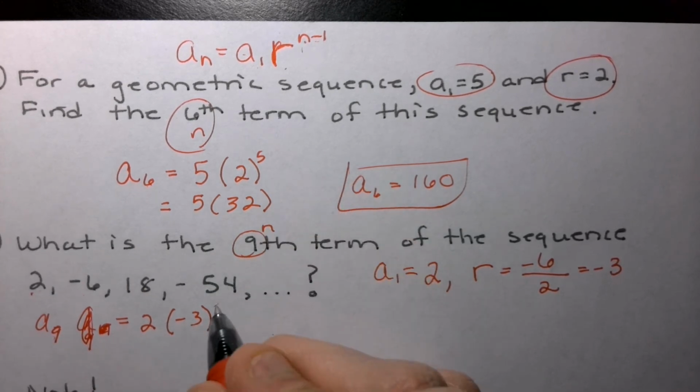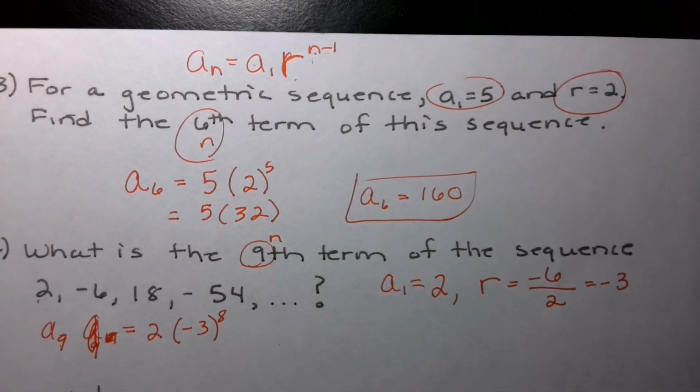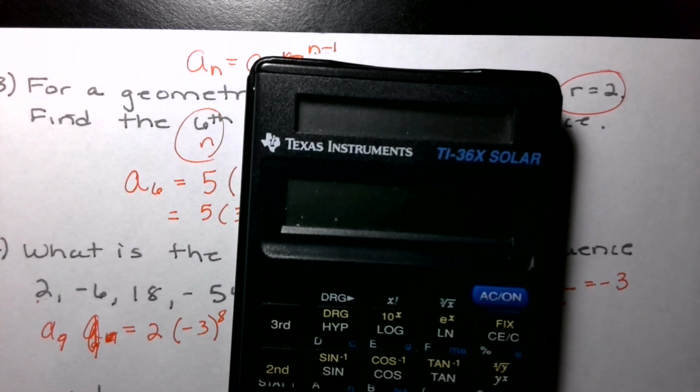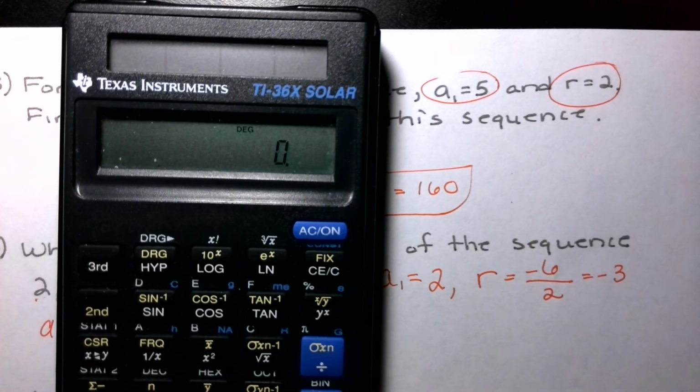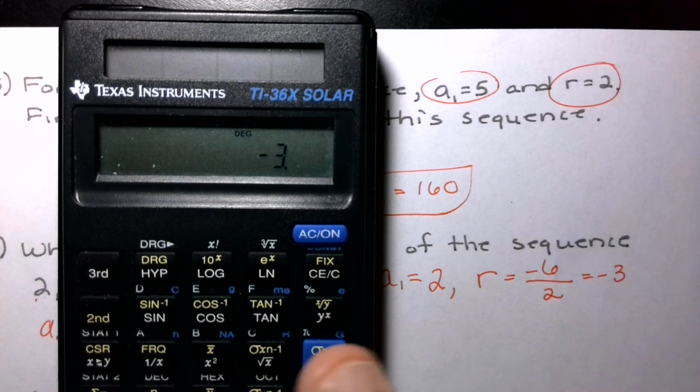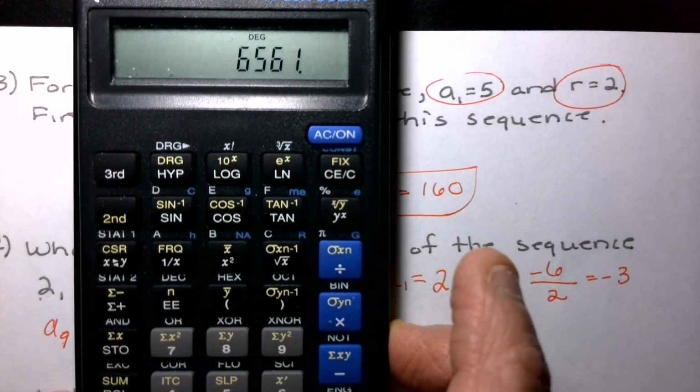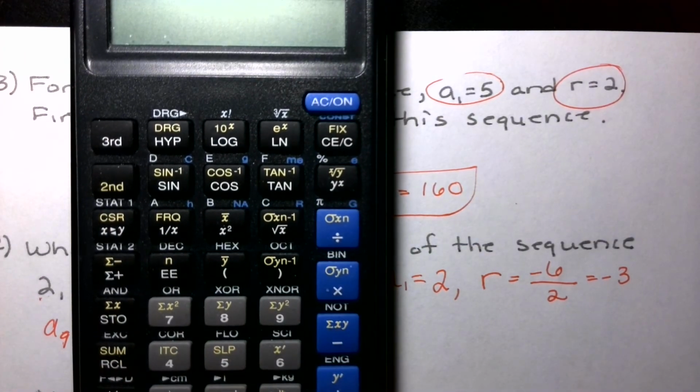So 9 minus 1 is 8. So when you do this, let's get this so you can see it again. Okay, so it was negative 3 raised to the, what was it? 8. 8 equals that. Now I will multiply that by 2 times 2 equals.